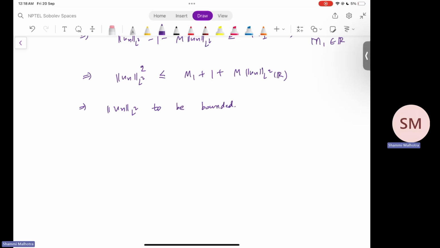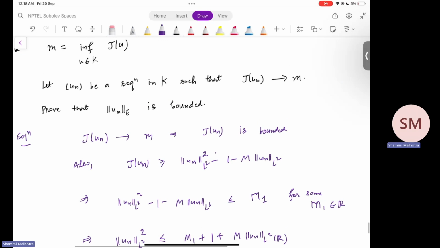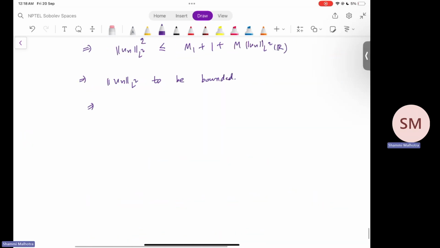Finally, what do we know about this now? The uns are in K, right?